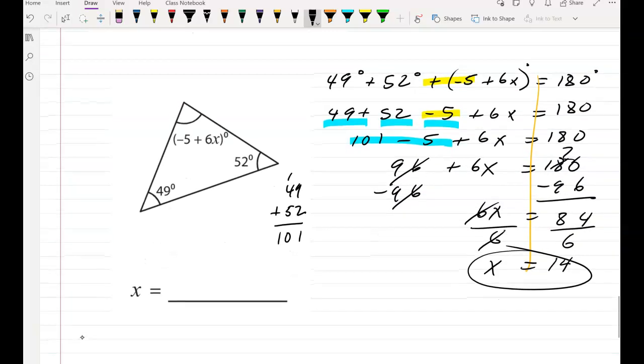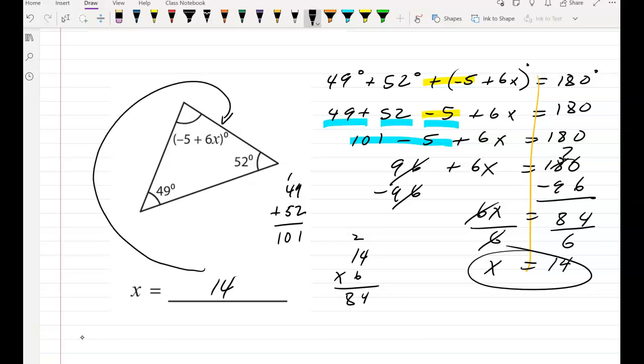Let's find out. 14 times 6. 4 times 6 is 24. Carry the 2. Yep, 84. So x is 14. Now, if that's correct, then if we put this 14 back in for x here, that should equal the missing amount.